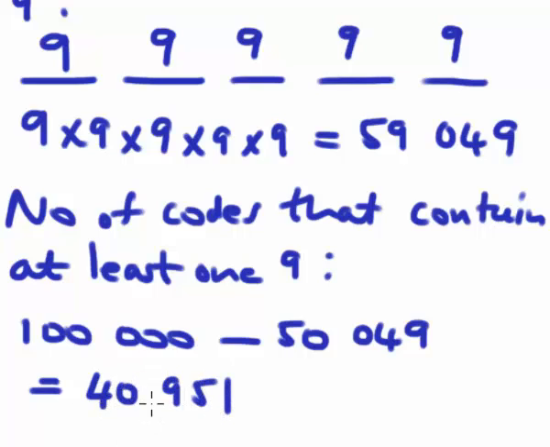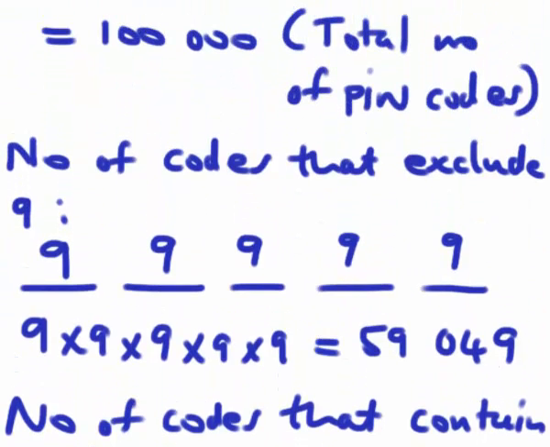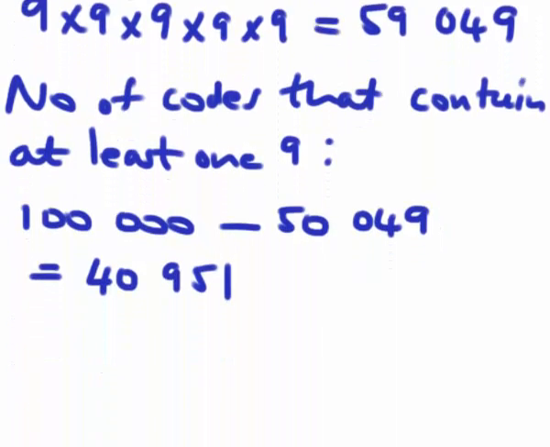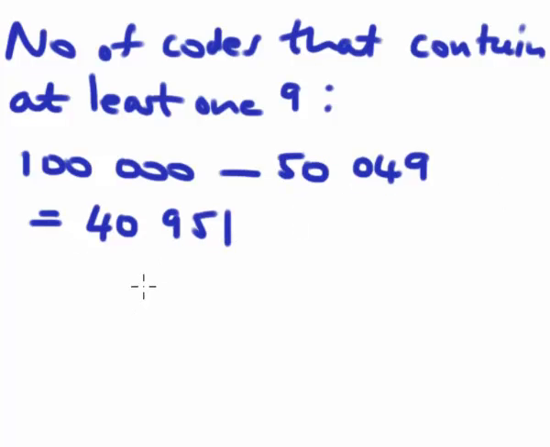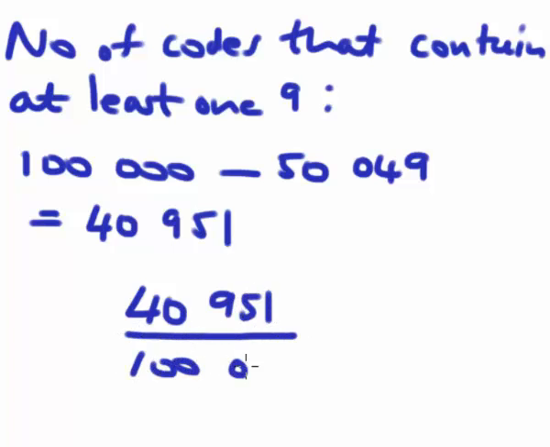So there's 40,951 that contain at least one 9. There's 59,049 that do not contain 9 at all, and there's 100,000 PINs in total. So the probability of getting a PIN code with at least one 9 would be 40,951 out of the 100,000. That's bringing in probability. And if we work that out, it's 0.41.